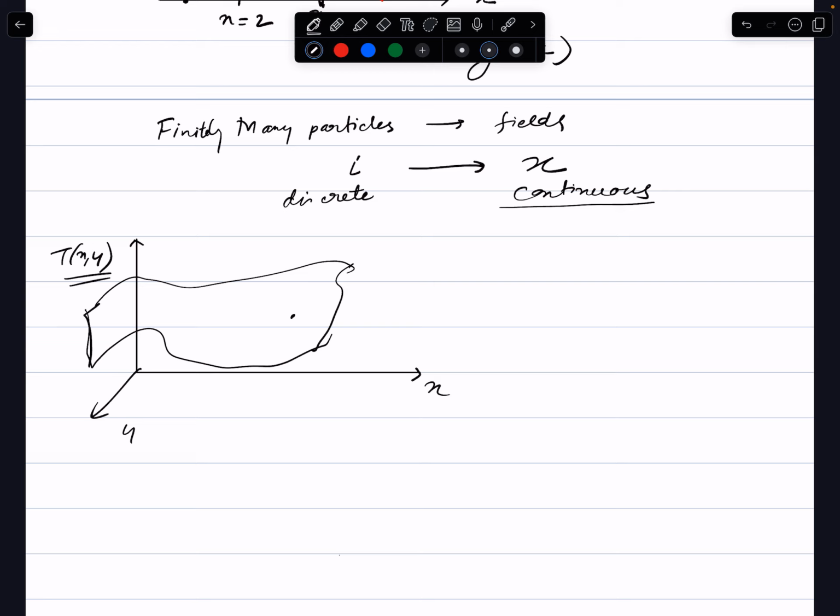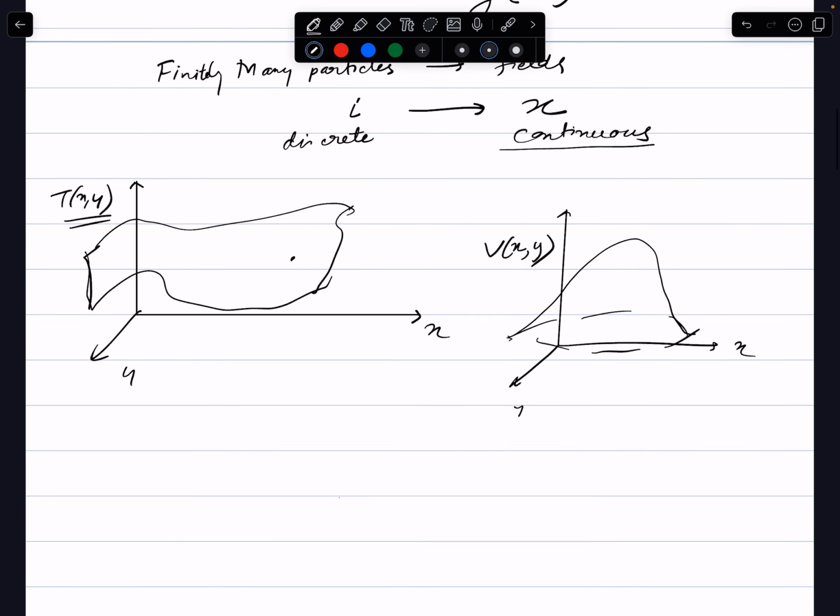What are some other examples of fields? Similarly, electric potential. That also can take different values in the x, y directions. Usually we talk about the electric field and magnetic field. Of course, it's difficult to draw on paper because those are vector fields.